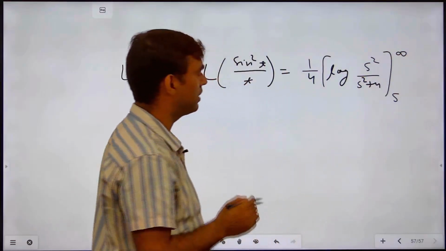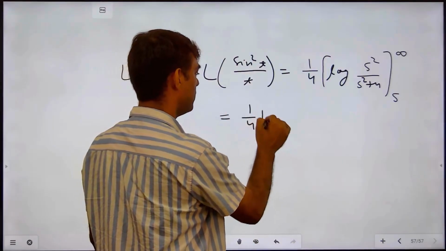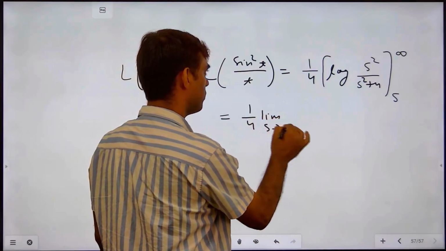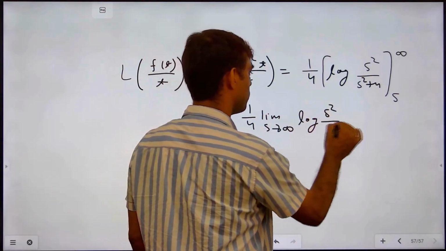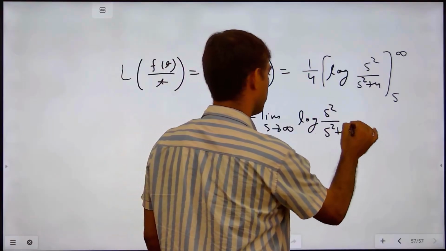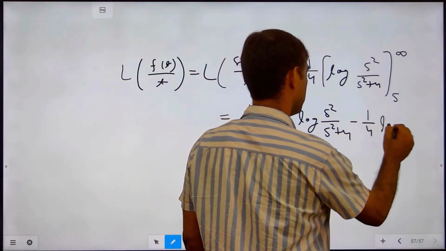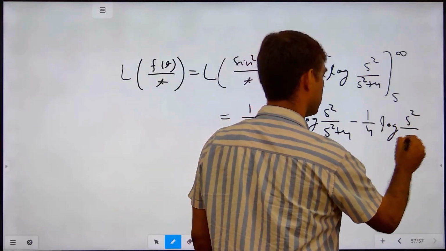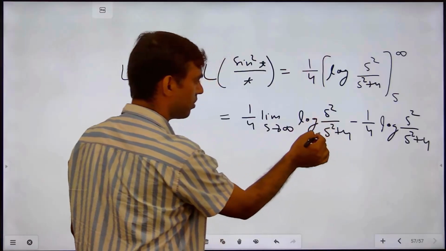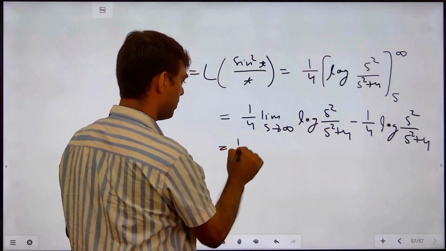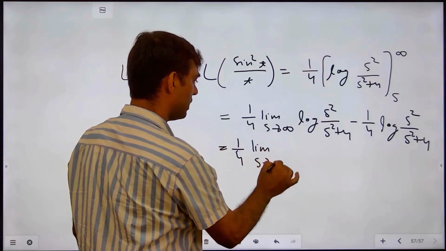If we put in the limit, this becomes 1/4 limit as s tends to infinity of log of s²/(s²+4) minus 1/4 log of s²/(s²+4). If we take the limit here, s² comes outside.